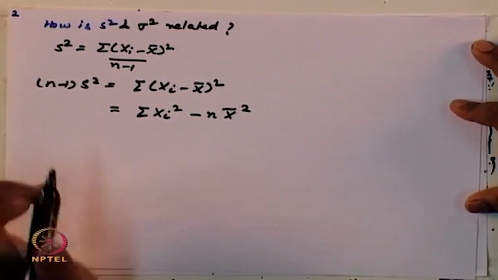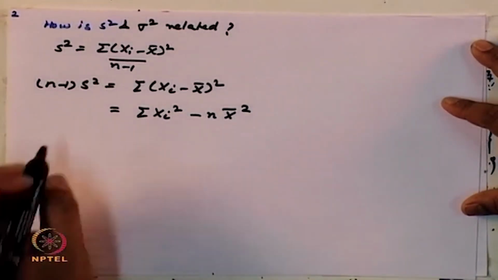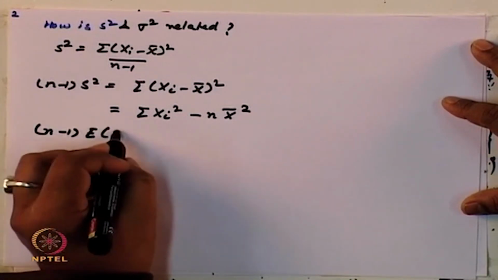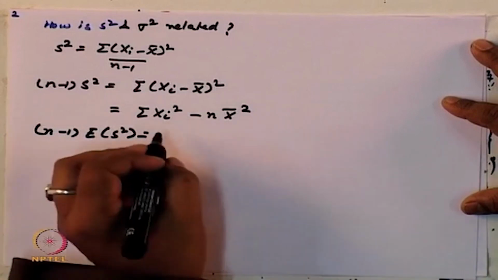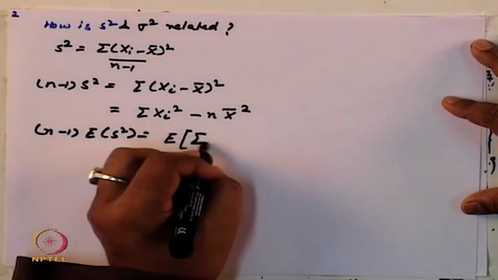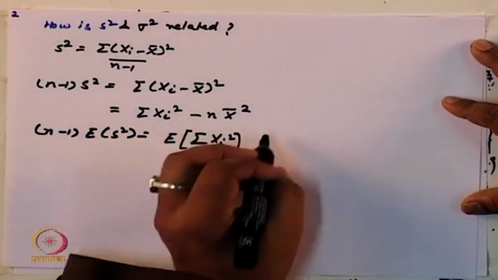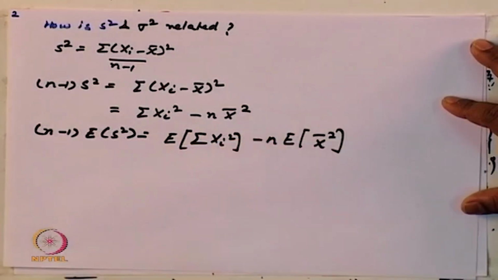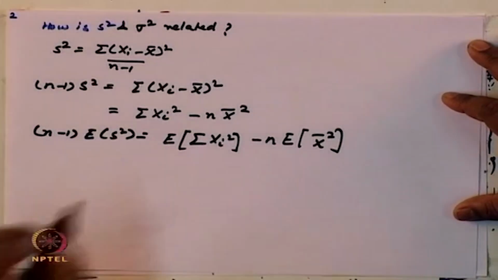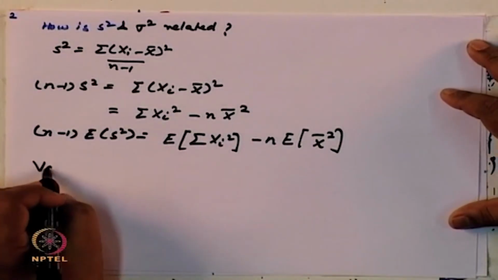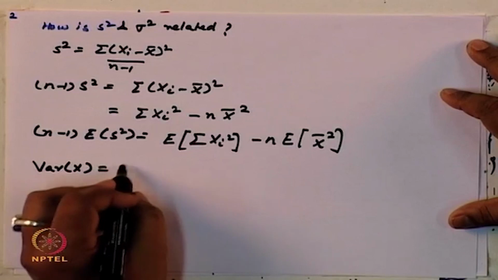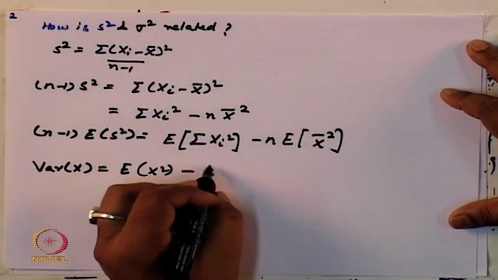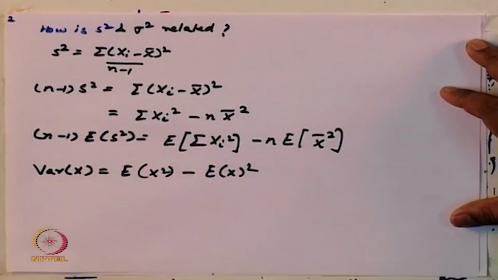So I can take the expectation on both sides of this equation. I can write n minus 1 times expectation of S square as expectation of summation Xi square minus n times expectation of X bar square. Now, we know that variance of X is defined as expectation of X square minus expectation of X whole square.